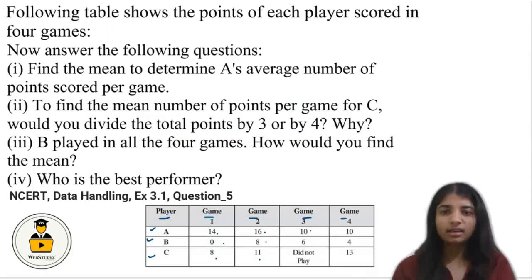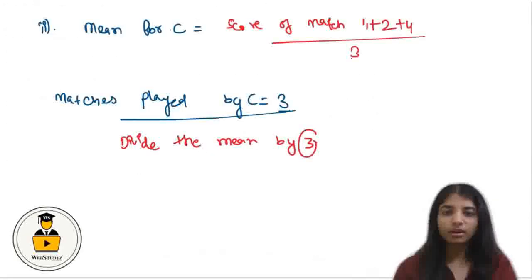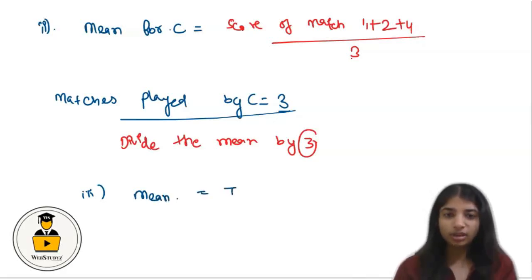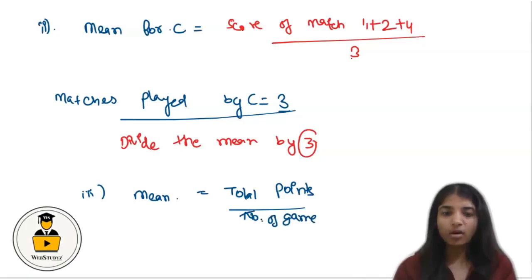Now in the third part, B played in all the 4 games. How will you find the mean? We have to find the mean for B. The mean for B is equal to the total points scored by B divided by the total number of games he played. He played all the 4 games.